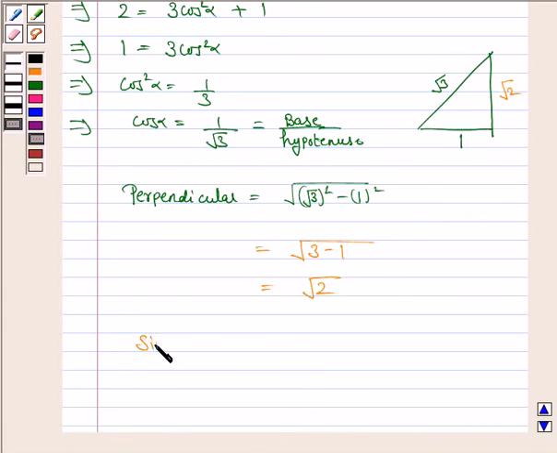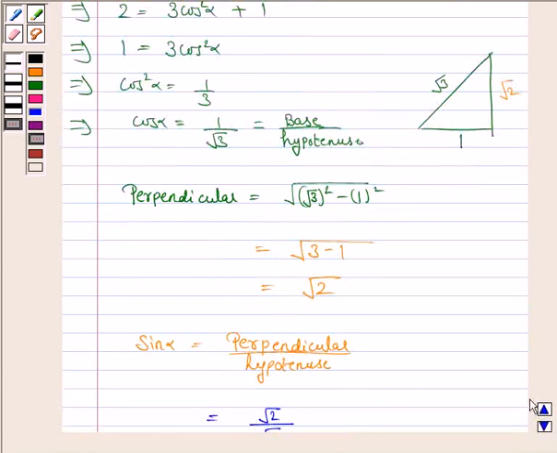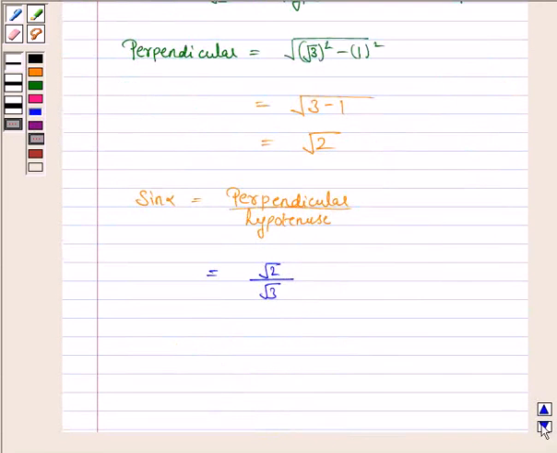Now the sin alpha is given by perpendicular upon hypotenuse. Perpendicular is root 2, hypotenuse is root 3. Now we have obtained sin alpha and cos alpha.